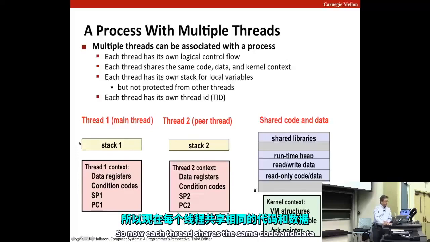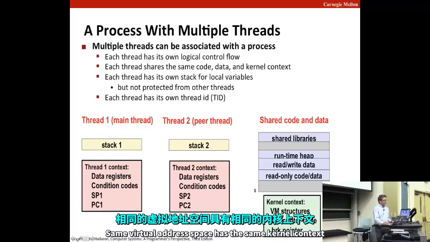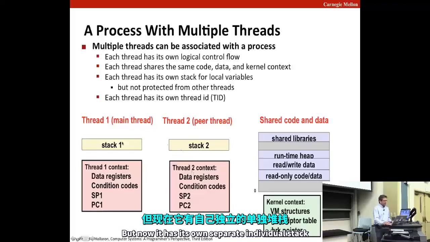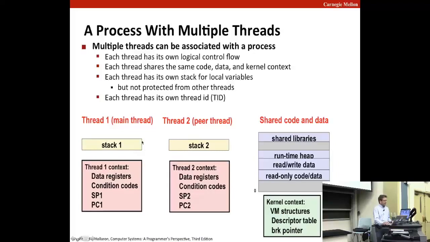So now each thread shares the same code and data, the same virtual address space, the same kernel context, the same I/O structures. But now it has its own separate individual stack.